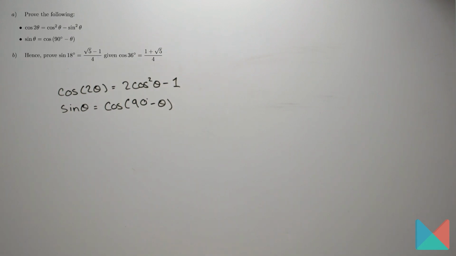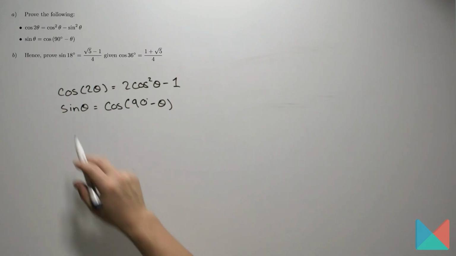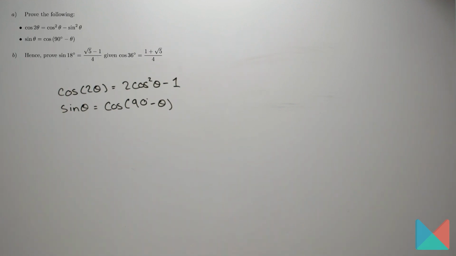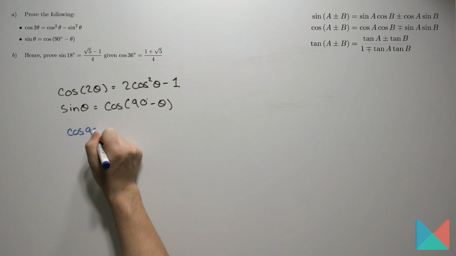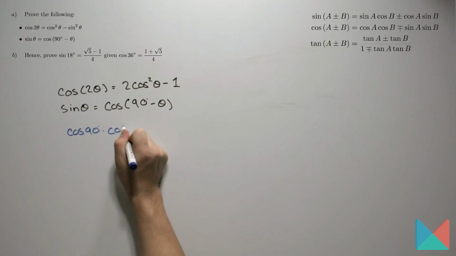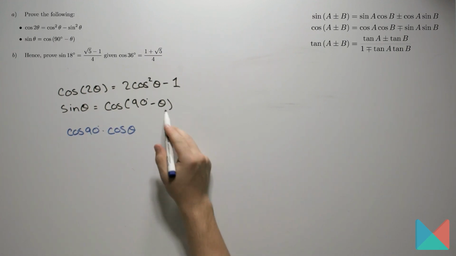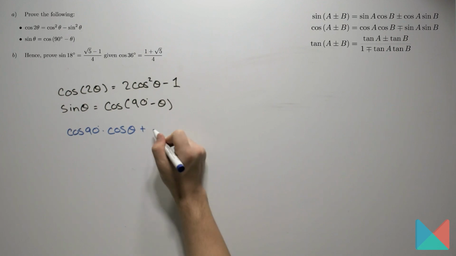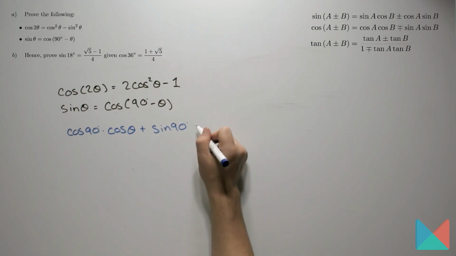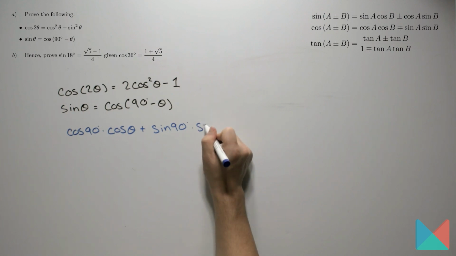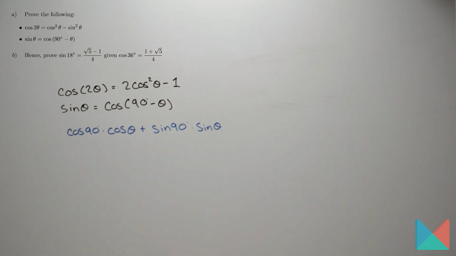And we can do this by using our angle difference identity for cosine and expanding it out, and then hopefully simplifying to eventually get sine of theta. And so let's use our difference identity for cosine. We get cos of our first angle, 90, times cos of our second angle, theta, plus sine of our first angle, sine of 90, times sine of theta, our second angle.